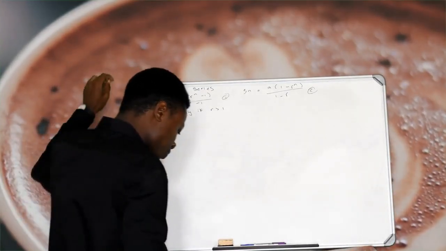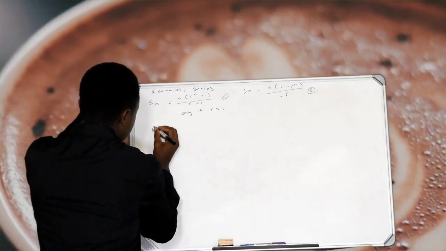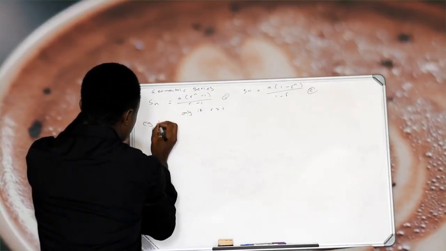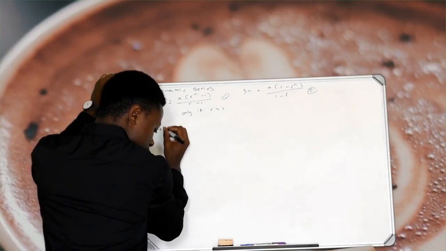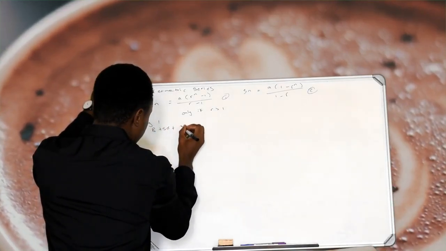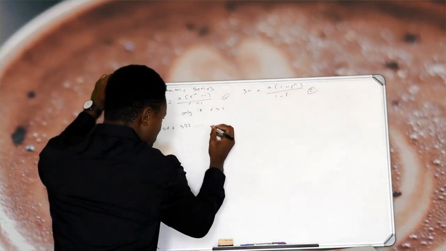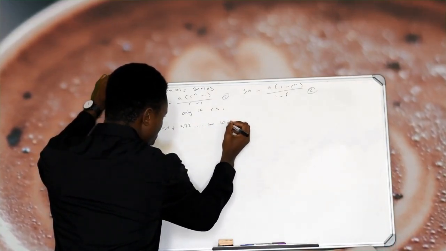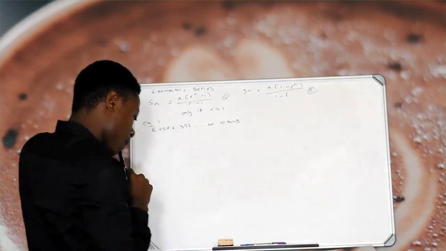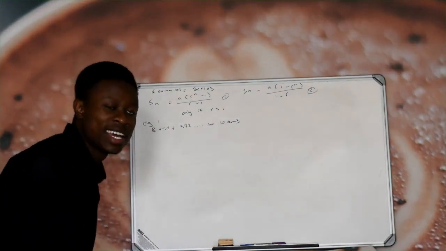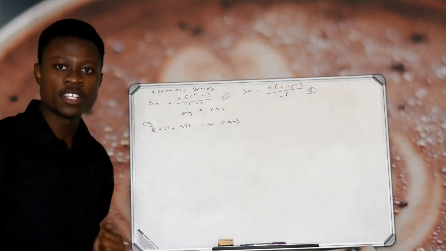Okay, so we have, call it example 1, 8 plus 56 plus 392, and let's say to 10 terms, right? Again, what's the first thing?